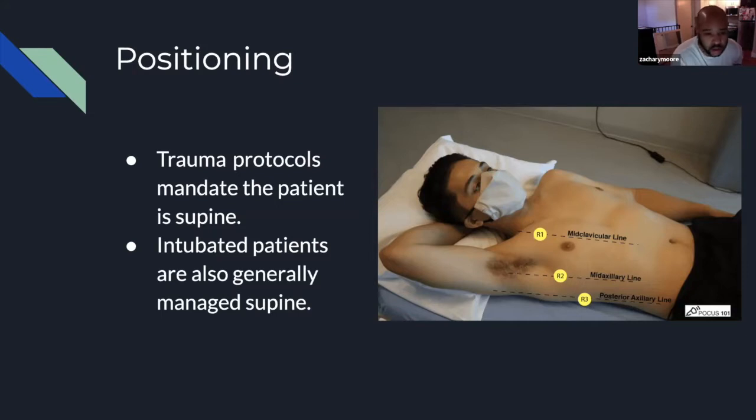Either way, you can do simple maneuvers to help with your ultrasound. You can have them cross their arms or raise their arms up, just so you can move the scapula laterally when you want to evaluate posteriorly, or you can have them open up a little bit to evaluate the anterior lung fields.